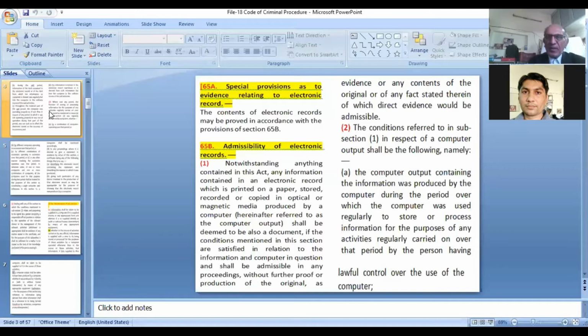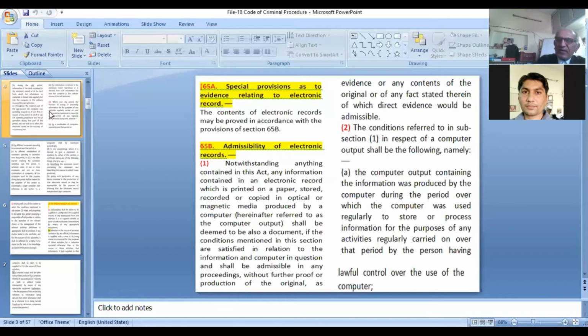So there is a person who has control over a computer, and in the computer the information is being processed or stored for the purposes of any activities regularly carried on.